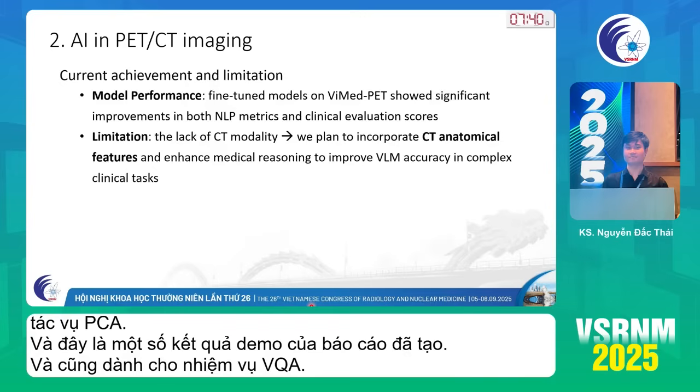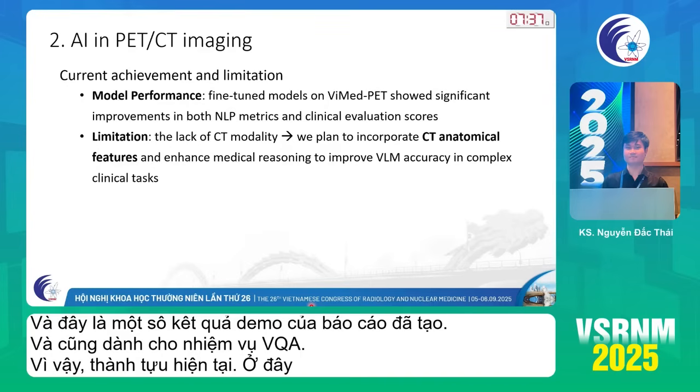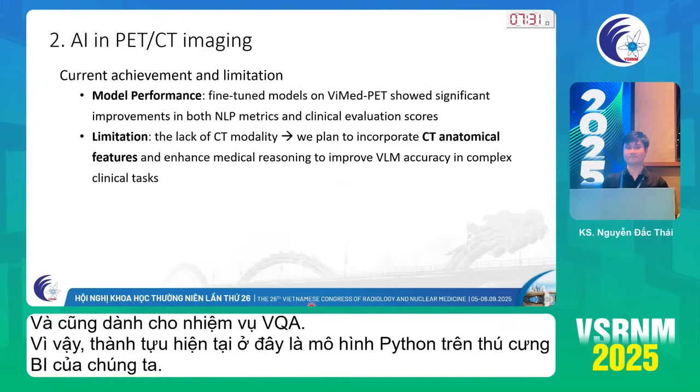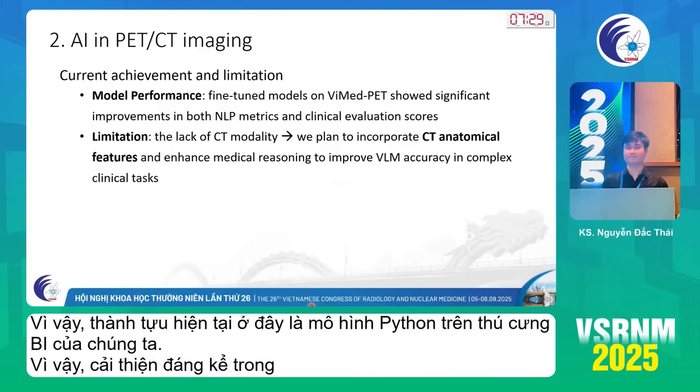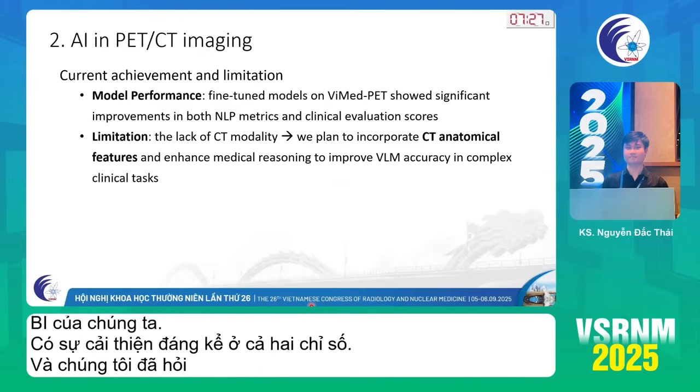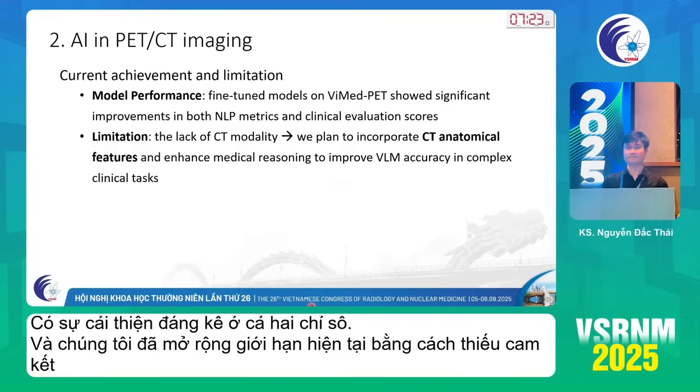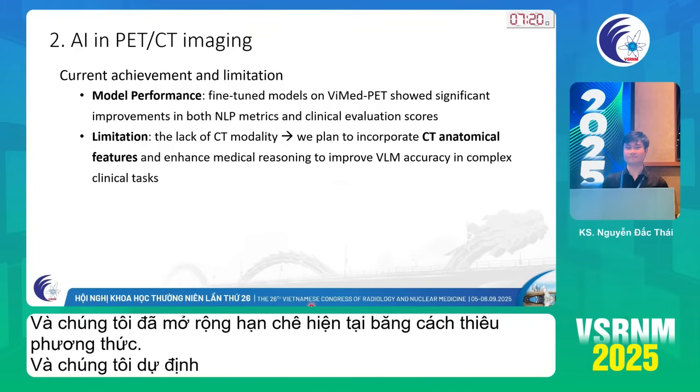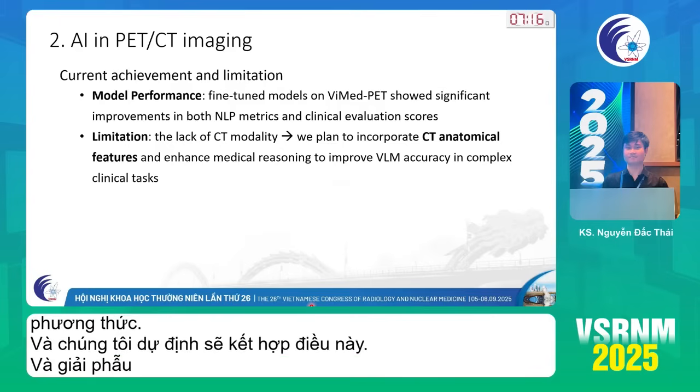So the current achievement here is that the fine-tuned model on our VLM PET shows significant improvement in both metrics, and we acknowledge the existing limitation lies in the lack of CT modality, and we plan to incorporate this anatomical feature and enhance the medical reasoning of the VLM.